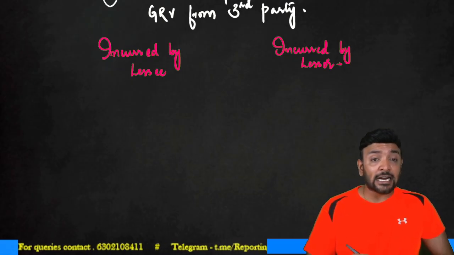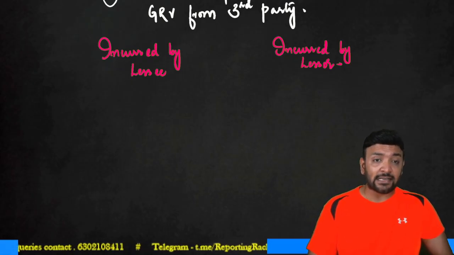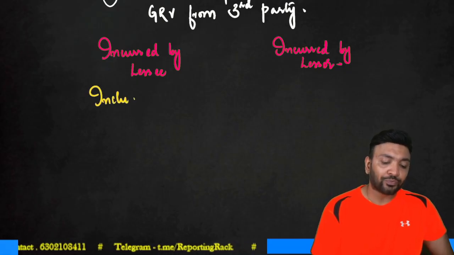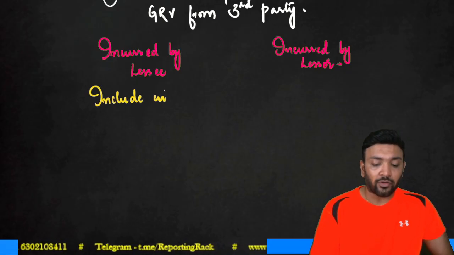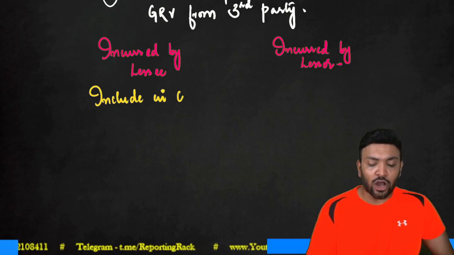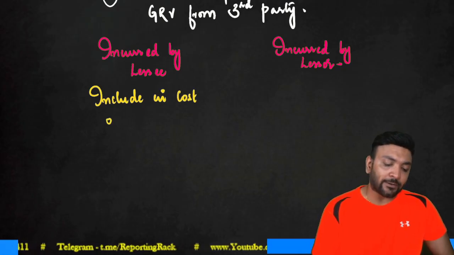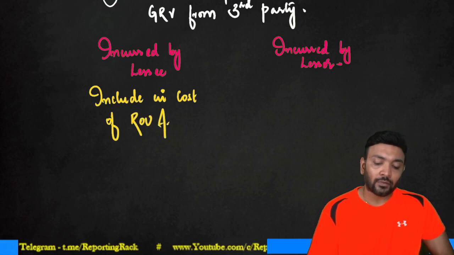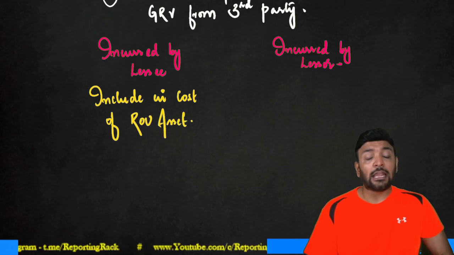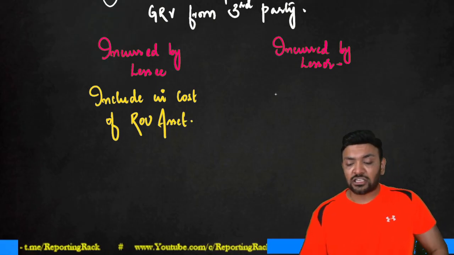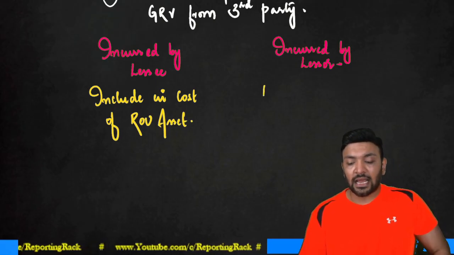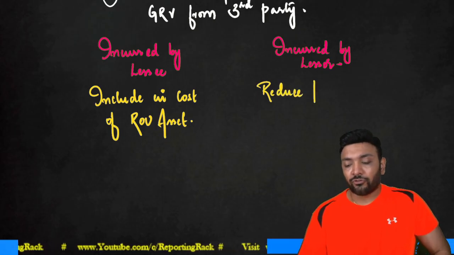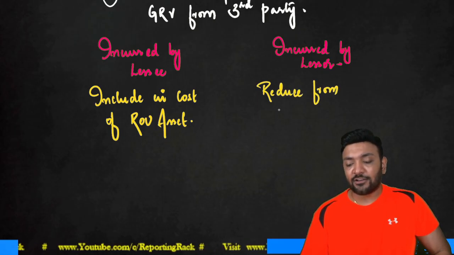If it is incurred by the lessee, if the lessee is incurring such cost, then I will include in the cost of ROU asset. If lessor is incurring such cost, then I will reduce from lease receivables.